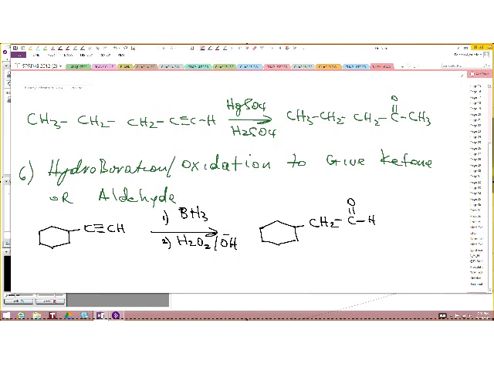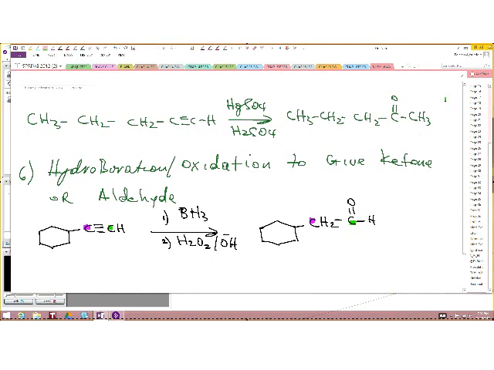This carbon here is this carbon, and this carbon here is this carbon. So similar to what in the case of mercuration, demercuration, one of the carbons becomes a carbonyl carbon and the other becomes a CH2. The difference here is the carbonyl carbon for the terminal alkyne will be an aldehyde.